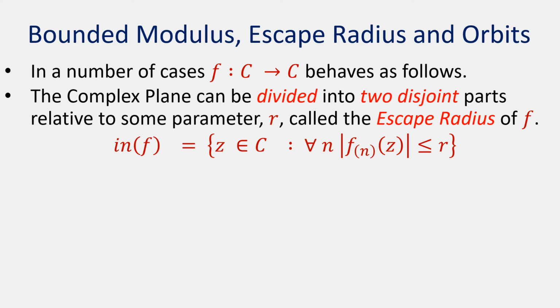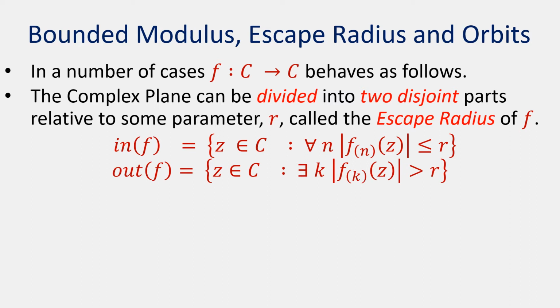So we have a set of complex numbers, those that are inside, and these are the set of complex numbers for which no matter how often we iterate the function, the size of the complex number that results is always bounded.